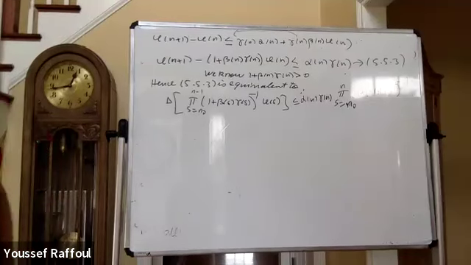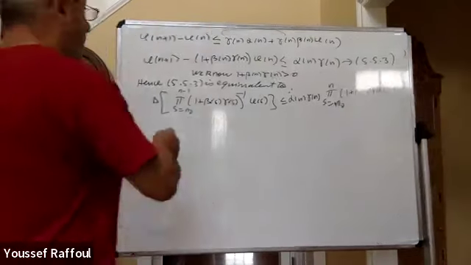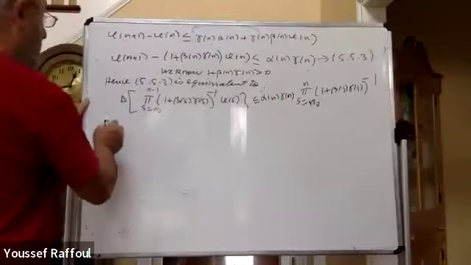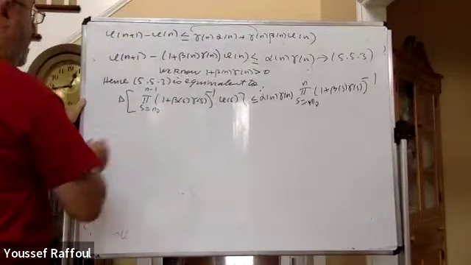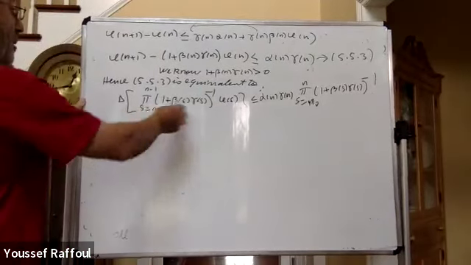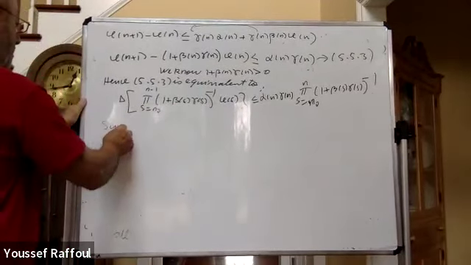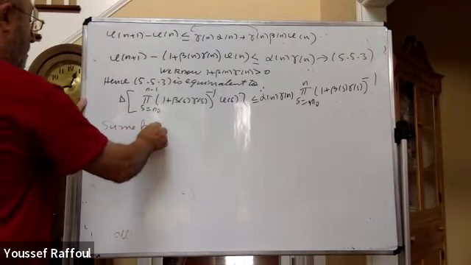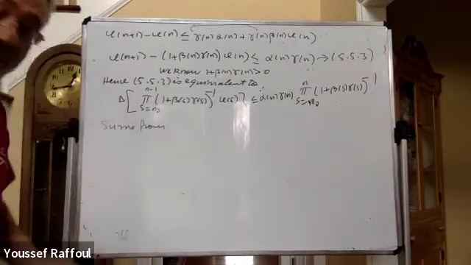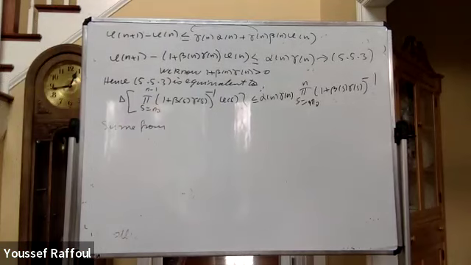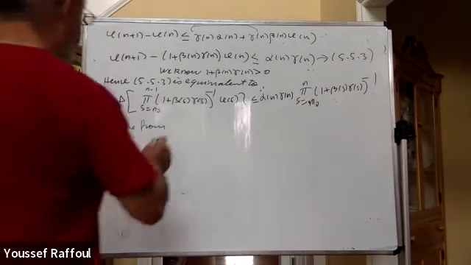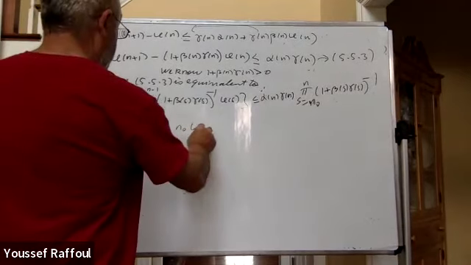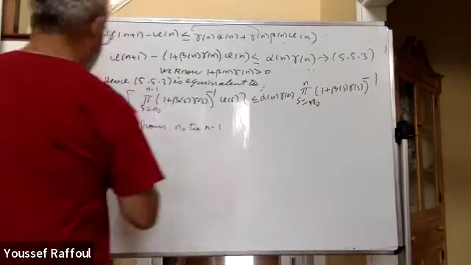And what do we know about this? You see, this is the product. So if I sum from, so we're going to sum from n0 to n minus 1.